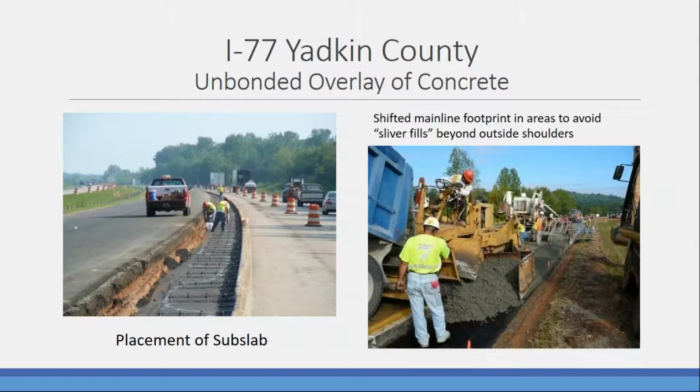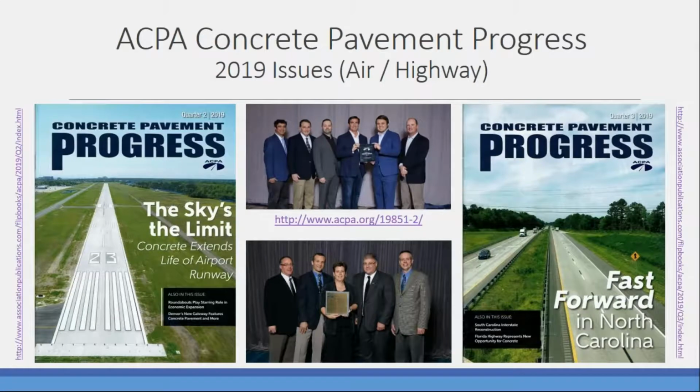We had to put in what's called a sub slab, similar to that project I showed you earlier on 385, where we had to build some support out on the inside edge to shift that crown point. And it worked well. These pictures illustrate the construction of that sub slab, so that then the separation layer could go on top of that, and then the 11 inches of concrete. But again, that project worked out real well.